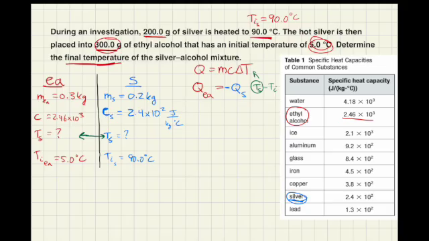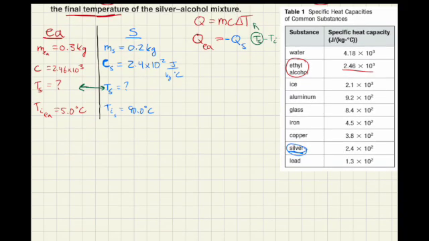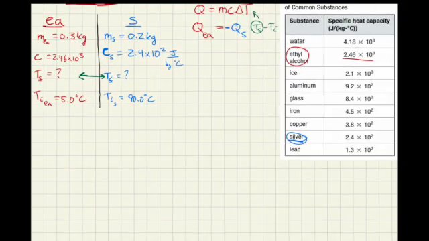Okay? So now that we have all of this, let's plug in some values for these equations. Taking in that our QEA is going to be equal to the negative of QS, I'm going to just draw a little arrow here.